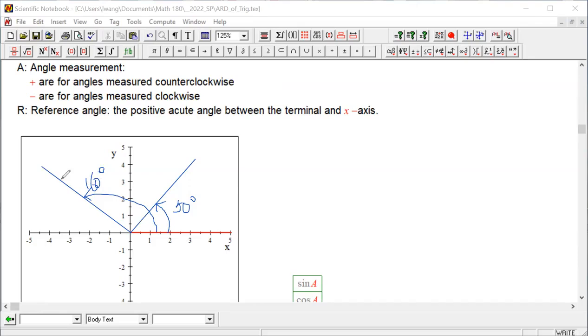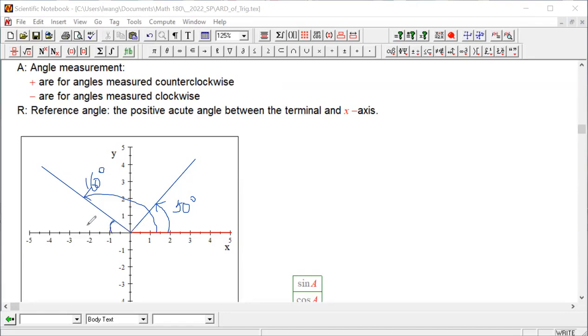Between the terminal and the x-axis, there are two angles. One is 160 degrees, and the other one is this guy. The positive acute angle between the terminal and x-axis, for that criteria, we only have this piece between the terminal and x-axis.